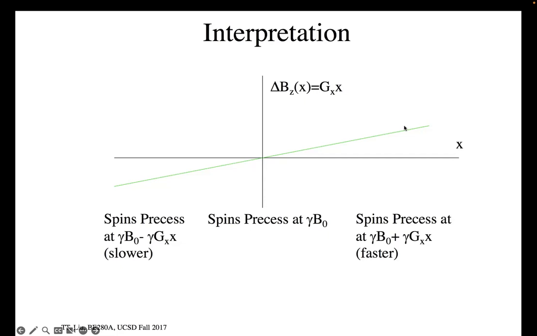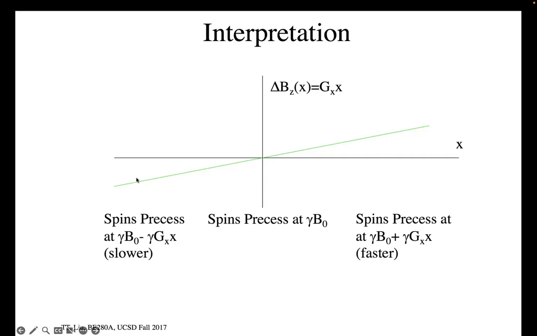A linear change, such that the magnetization over here would be precessing, or the resonant condition for the NMR experiment over here would be at a slightly higher frequency, because we've added an additional magnetic field out there.